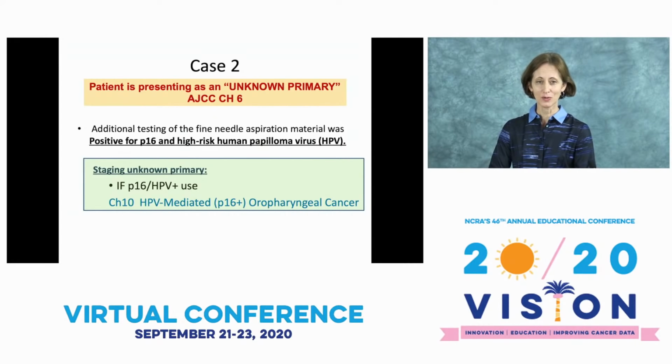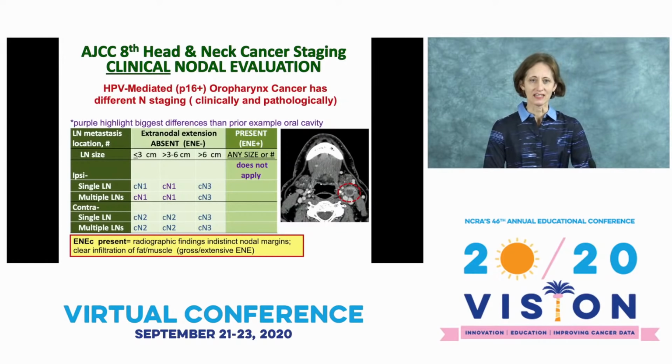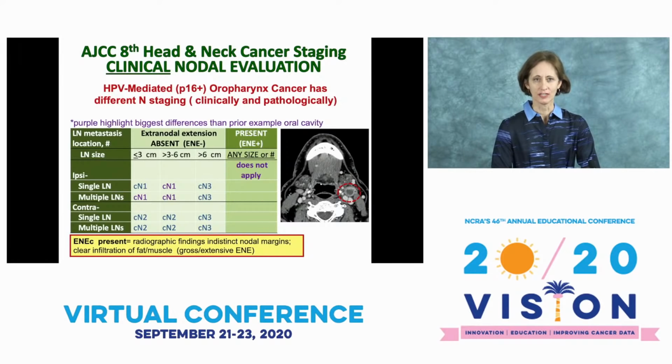Now, this case we know goes on to find it in the base of tongue, but this can teach you how to work through it. And there probably are perhaps 10% of patients that will remain in this stage where, despite good imaging, good clinical exam, and follow-up, we do not find that primary site. So in this case, the nodal staging actually changes.